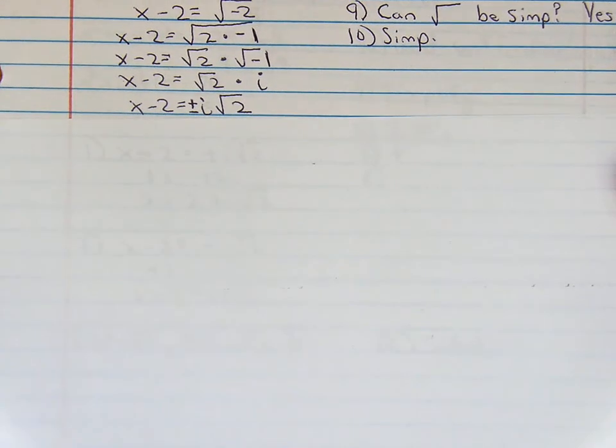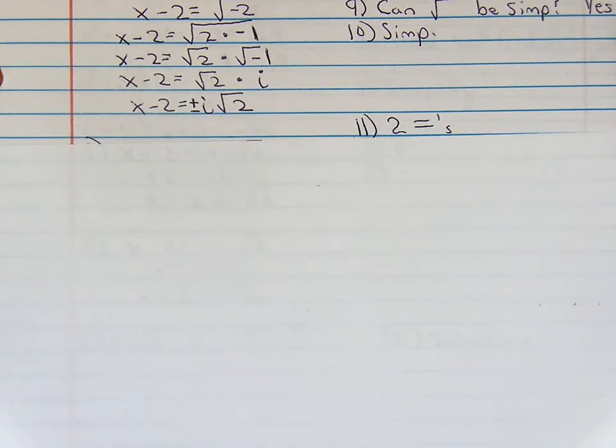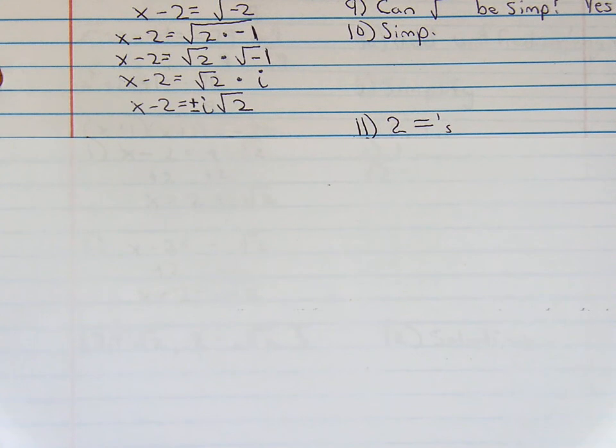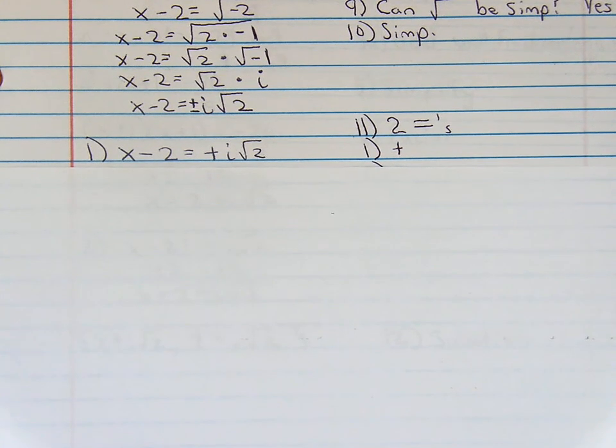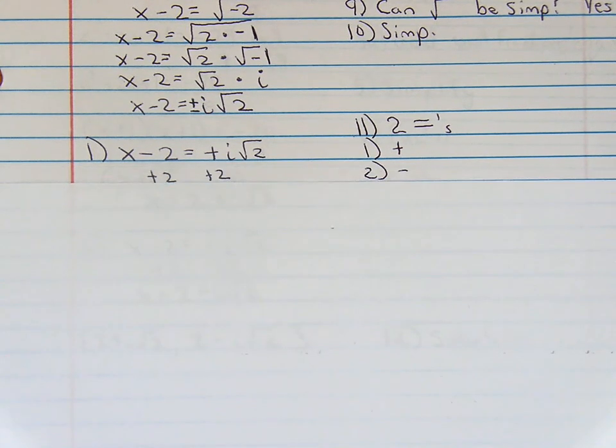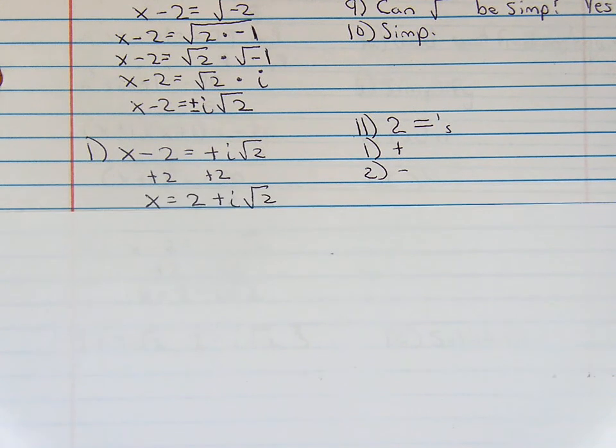Right? So let's move this up. So from here, we're going to create 2 equations. Again, I'm just doing some shorthand of our steps. Our first equation is going to be the plus of our answer and simplify, and our second equation is going to be the subtraction. So I add 2 to both sides, and that is my answer.